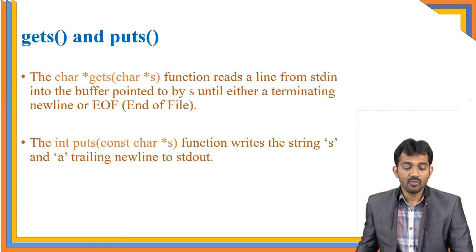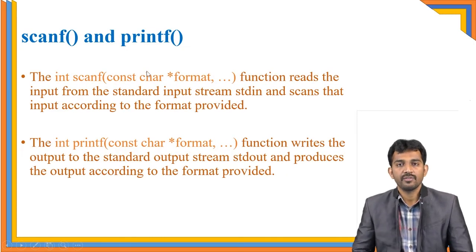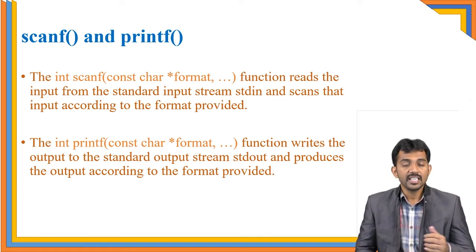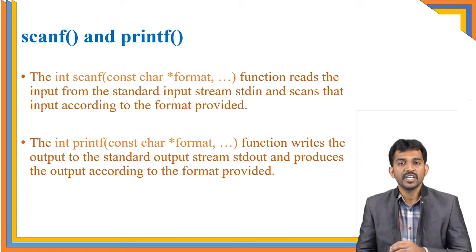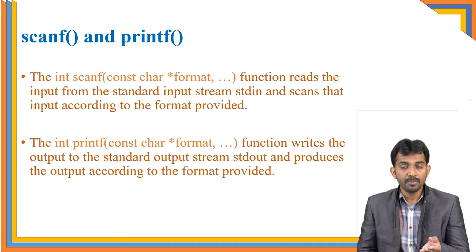And the next ones are the well-known functions scanf and printf. These are the standard input-output, very commonly used functions. The scanf is going to read multiple data from the input, and printf is going to print the data.